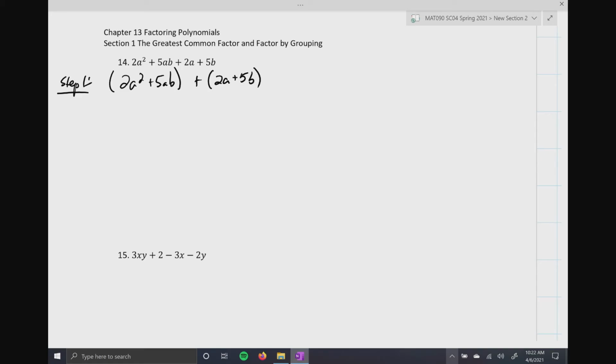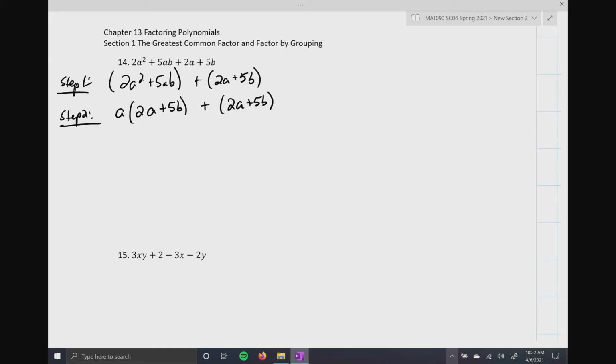That's good. That's the best case scenario for us. Step 2, let's do the mini GCF. So it looks like I could factor out an a. In the second grouping, there's nothing I can factor out, and that's okay. That'll happen.